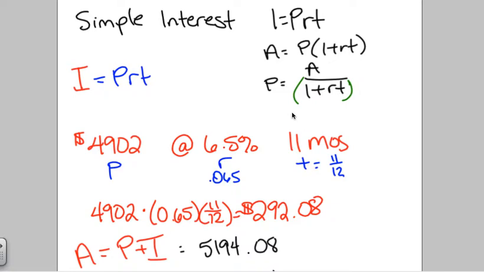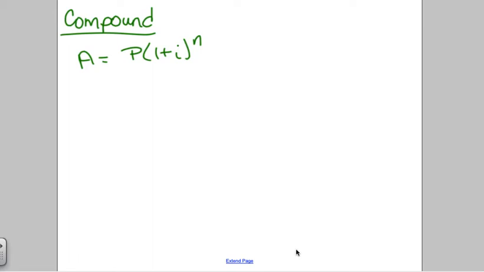Okay, what if I want to find compound interest? Compound interest is where we have a certain time period and we are compounding as however many times per year. So if I have this formula, the I is equal to my rate divided by my M. N is M times T. R is my interest rate.